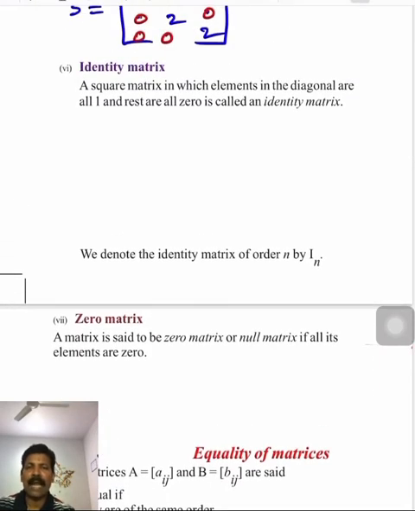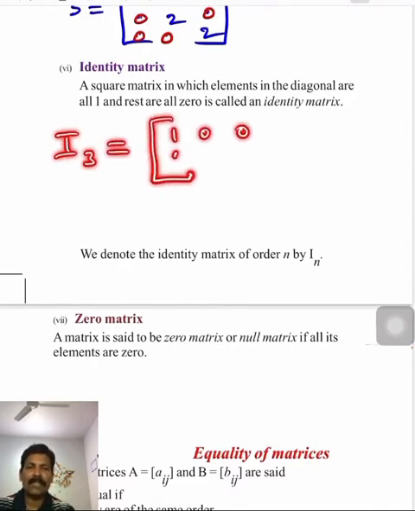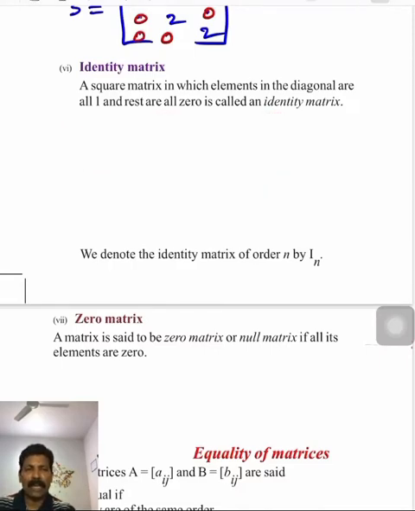Next one is identity matrix. A square matrix in which elements in the diagonal are all 1, and other elements should be 0. That is, diagonal elements should be all 1, 1, 1 and the non-diagonal elements should be 0. That is an identity matrix.